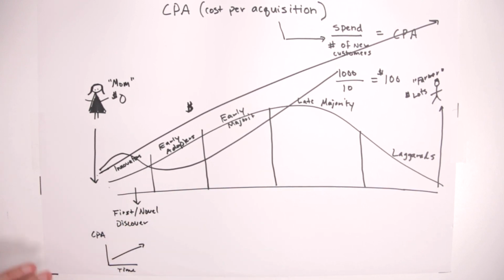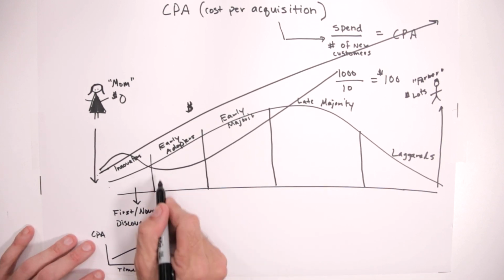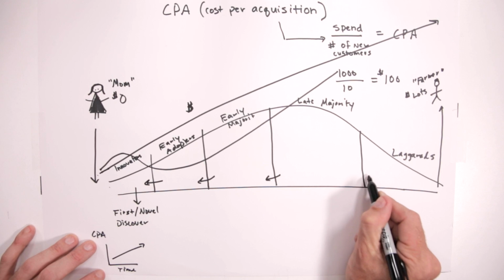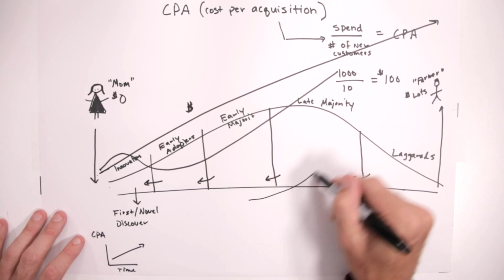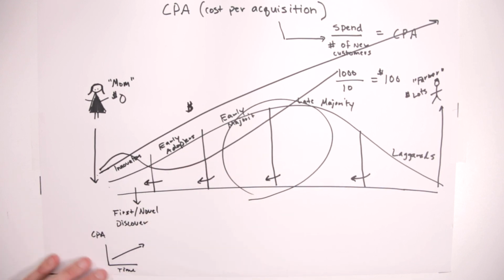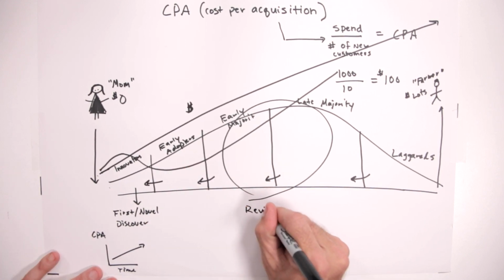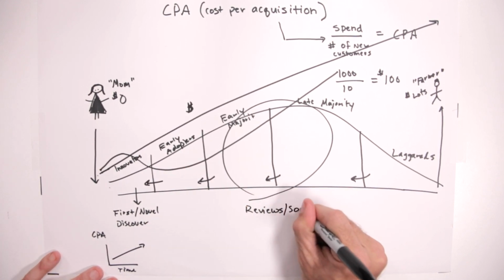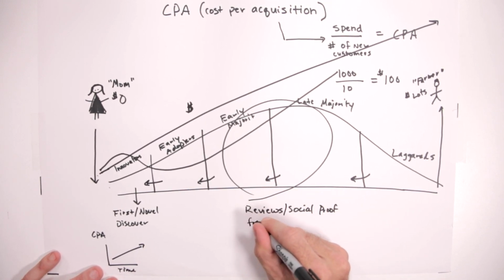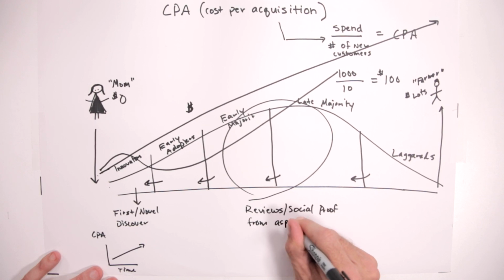And then each segment of the market basically makes decisions because the previous one did, all the way down until this part of the market. You can't actually capture the market without capturing these people, because they thrive off of one thing: reviews and social proof from aspirational members of the community.